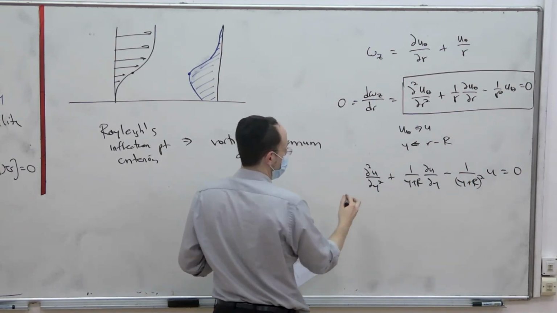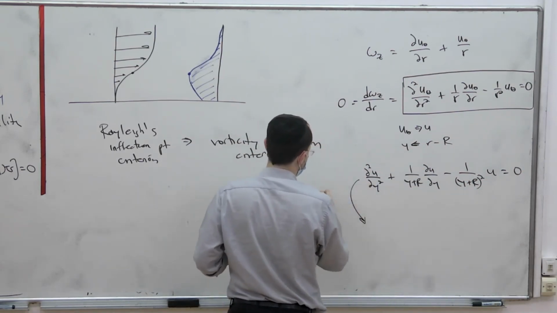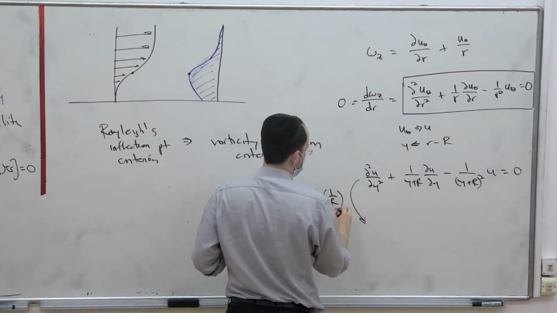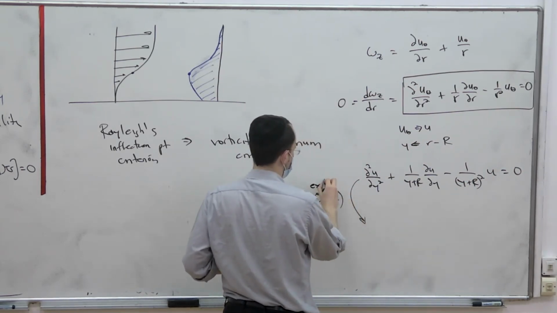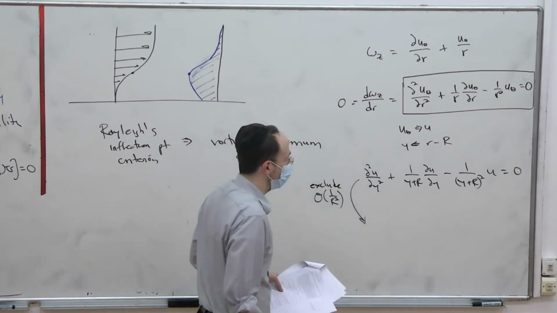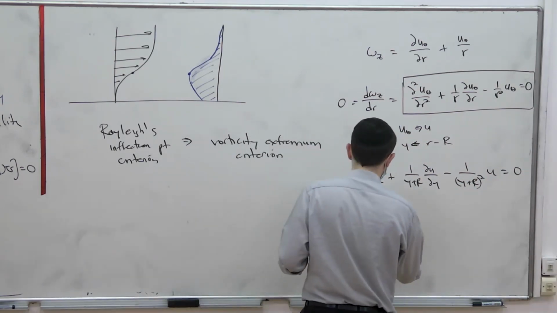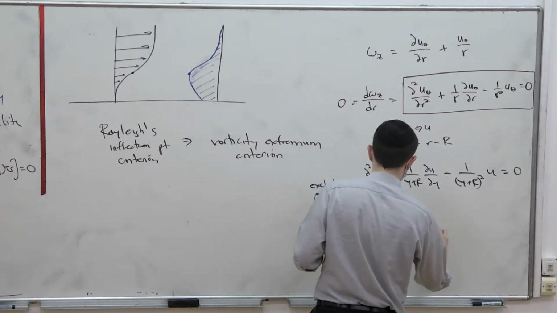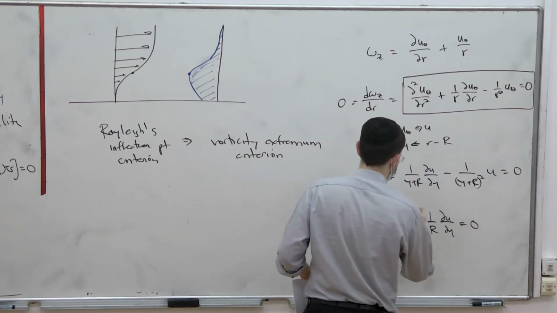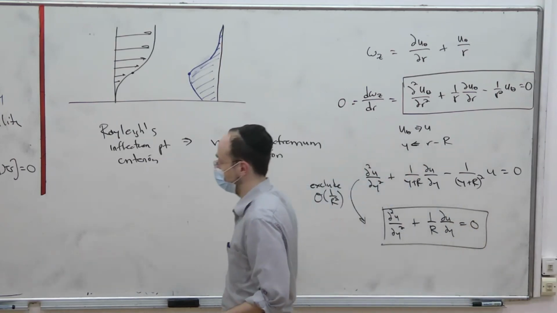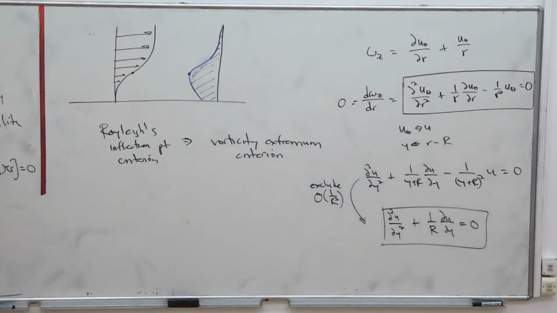And then we do the same thing we did before. We exclude the 1 over r squared terms. And if you do that, you end up getting the second derivative of u with respect to y, plus 1 over r times the derivative of u with respect to y, equals 0. Which is exactly the same as this expression.